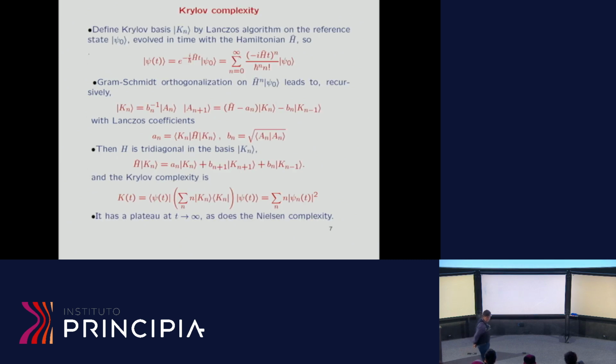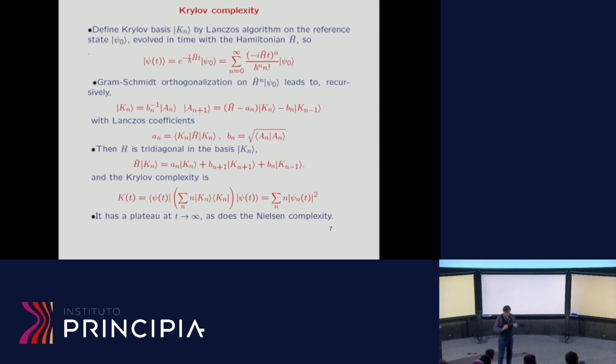All right, but the notion that I'm mostly interested in is the notion of Krylov complexity, also called, in a more general sense, spread complexity. The point is, one has to first define a basis of states from an algorithm known as the Lanczos algorithm. The basis of states starts with a reference state, the initial state, and then acts many times with the Hamiltonian.